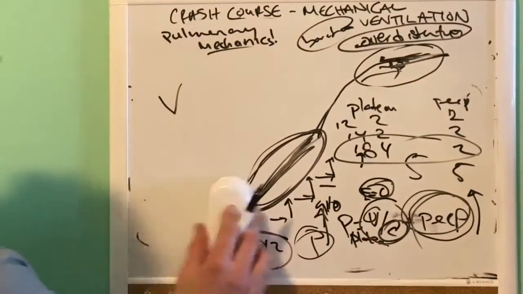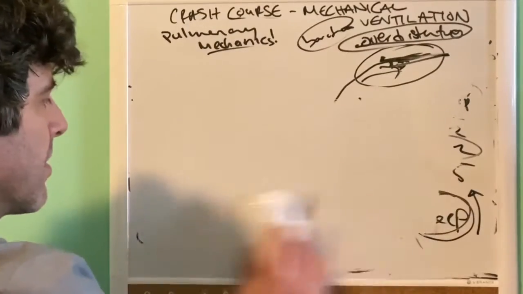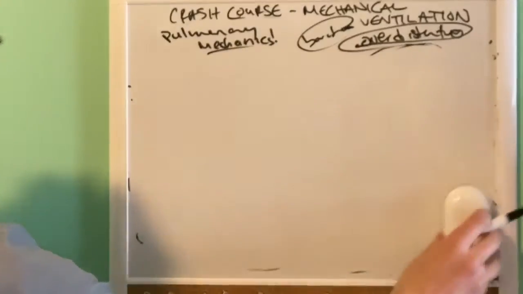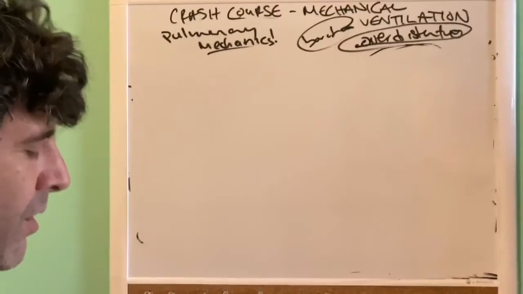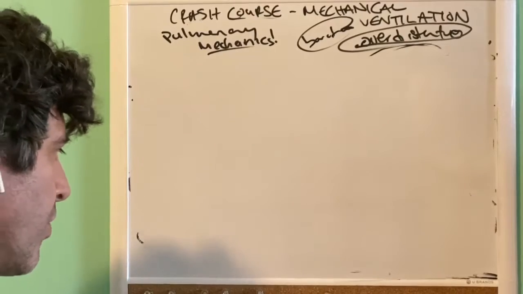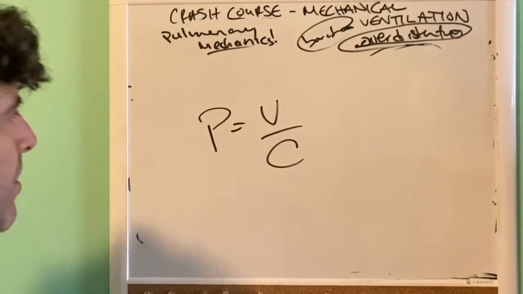And really this goes to the concept of what a driving pressure is, especially in COVID, as we start to try to determine if a patient is in the L or H, the high compliance stage or low compliance stage. Again, just think of this equation.